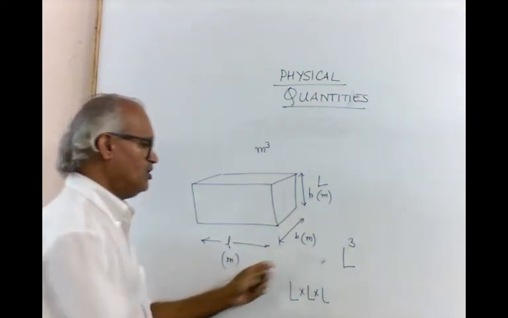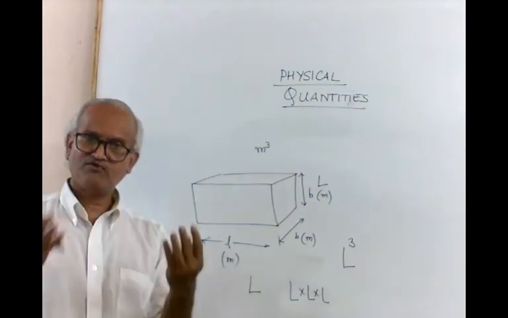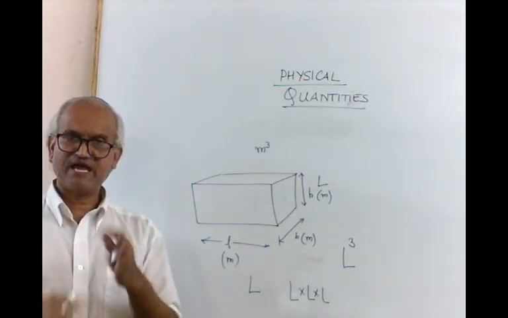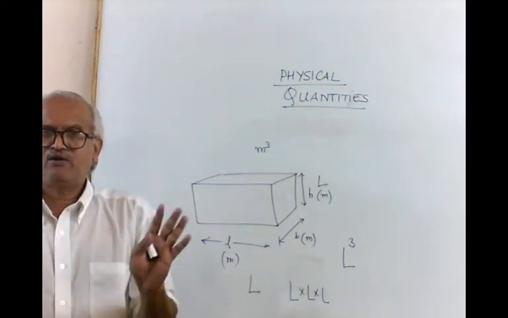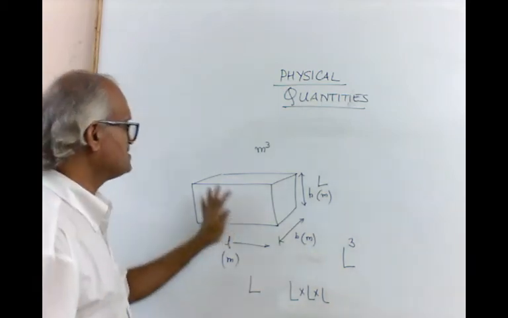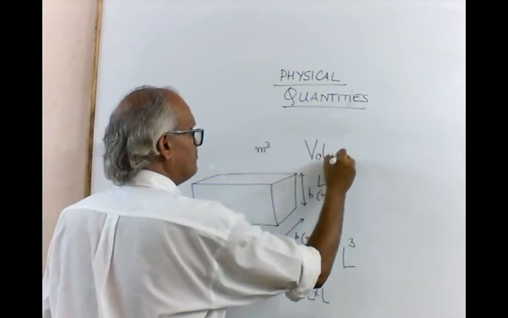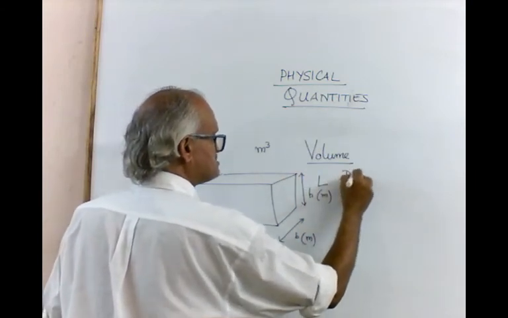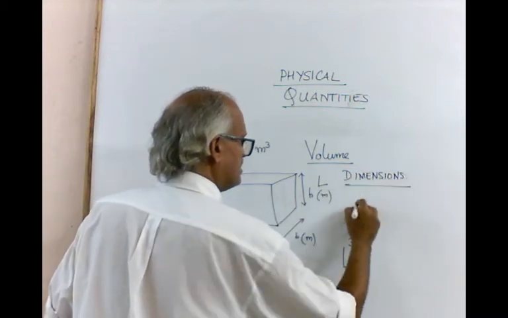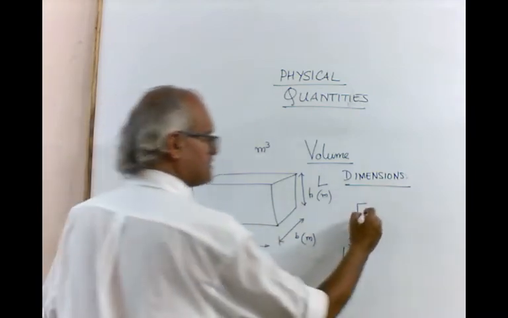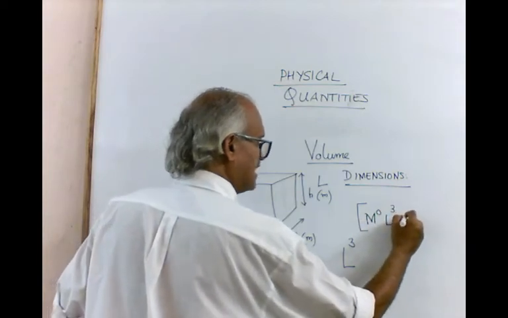So, since most of the physical quantities are more, and at least in the beginning part of what we study, in mechanics the three fundamental quantities mass, length, time are used more. Current, mole are not used that commonly. So we can represent the dimensions of volume in square brackets as mass raised to 0, length raised to 3, time raised to 0.